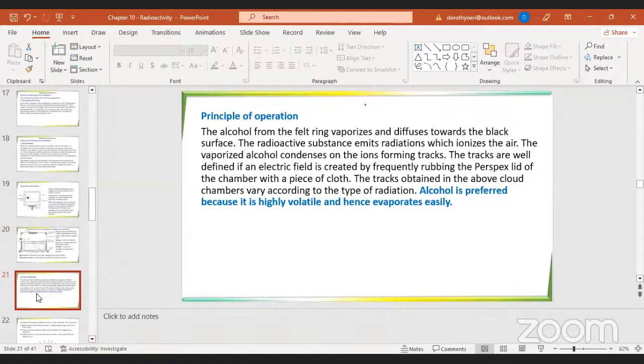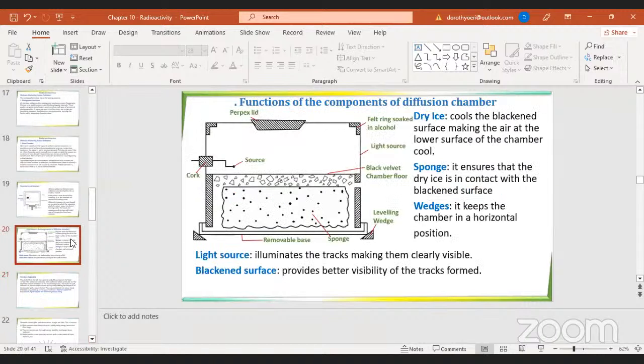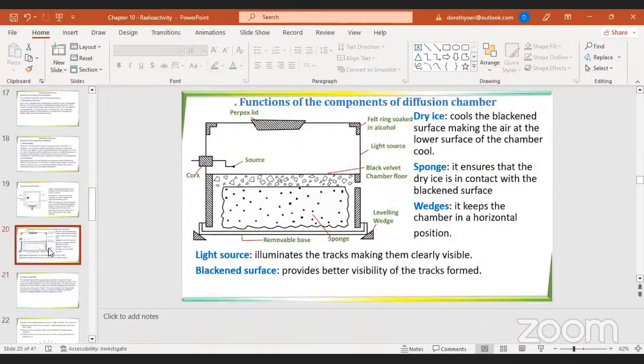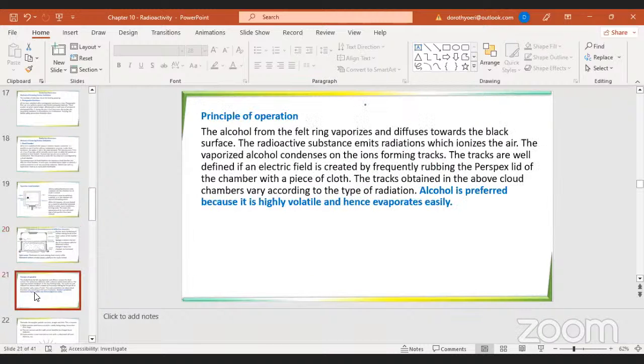Now, how it operates, how the diffusion cloud chamber works. So we are told there that the alcohol from the felt, please note the felt, the felt soaked in alcohol, evaporates and diffuses towards the black surface.